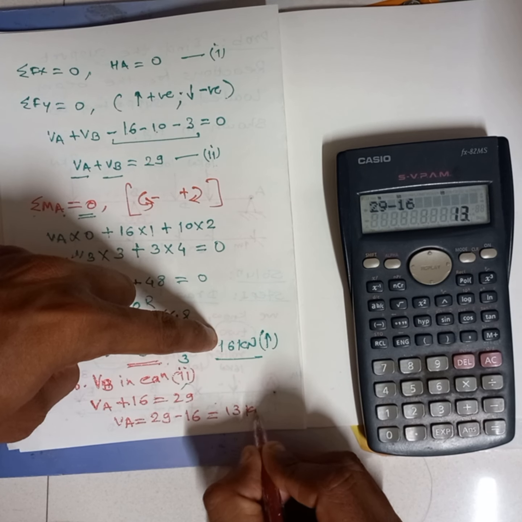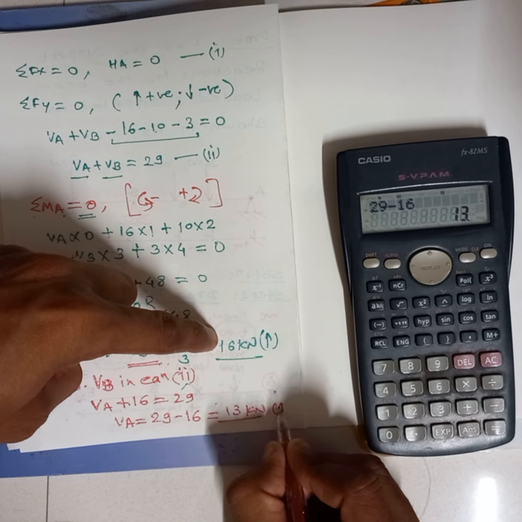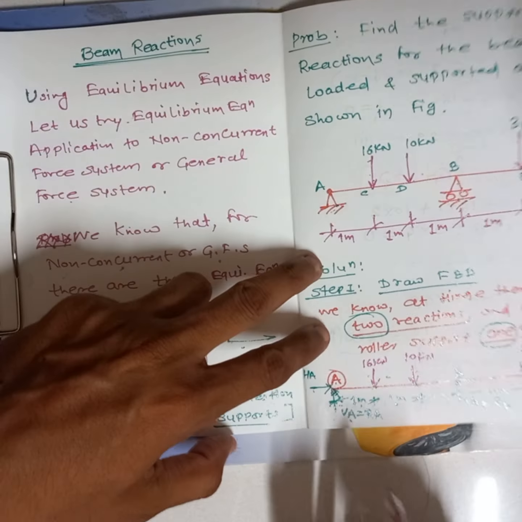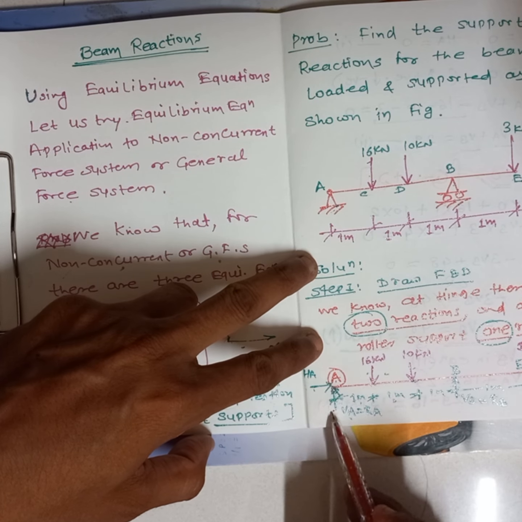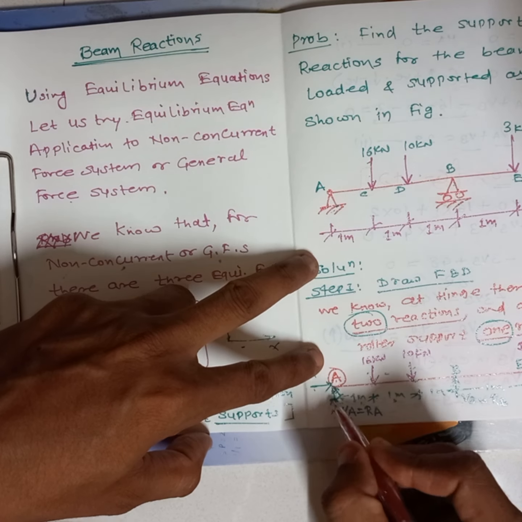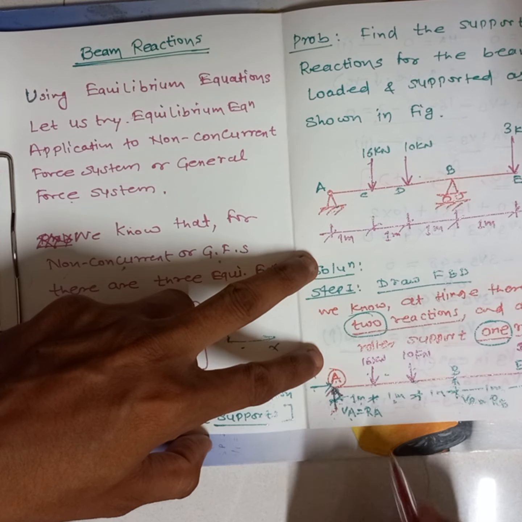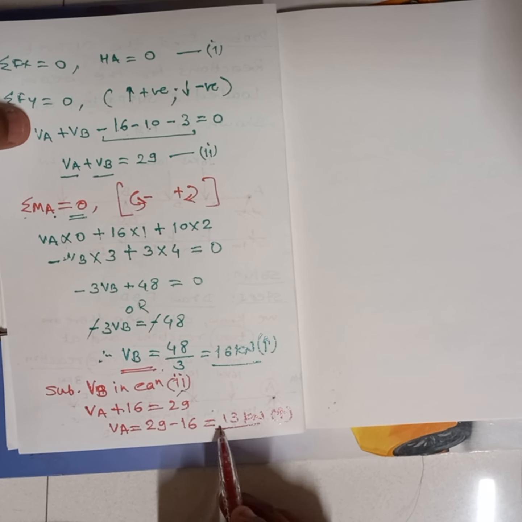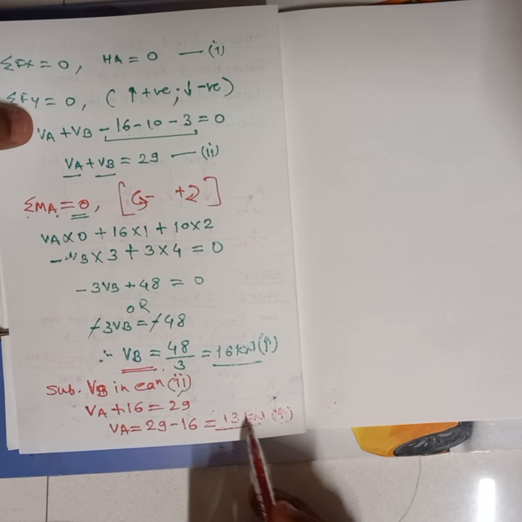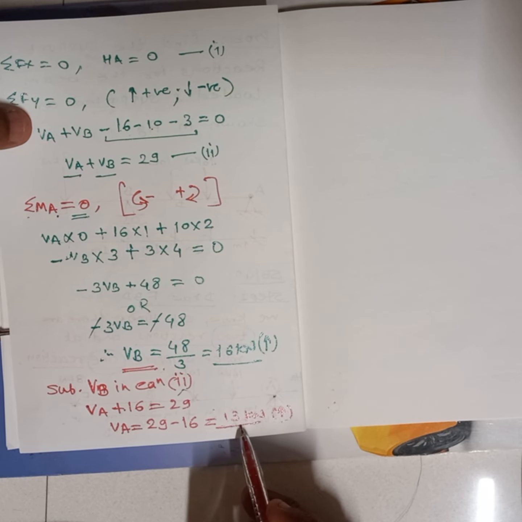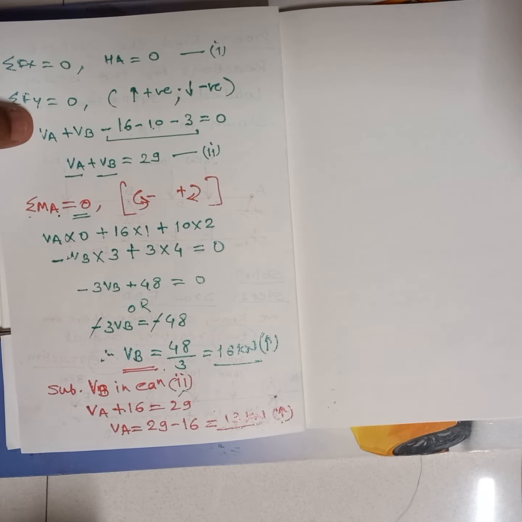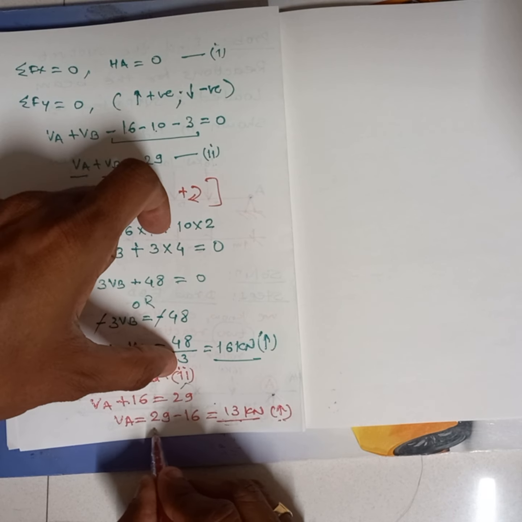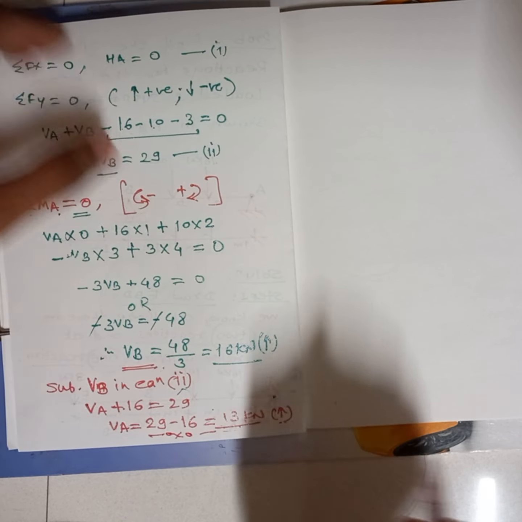This is also plus, it means assumed direction of VA is also perfect. You can see here I have assumed initially VA as upward, इथं upward मी assume घेतलं होतं, assume केलं होतं, and that is coming to be true because I got plus 13 kilonewton. जर मायनस आलं असतं तर माझी डायरेक्शन मी चेंज केली असती, बट देर इज नो नीड.